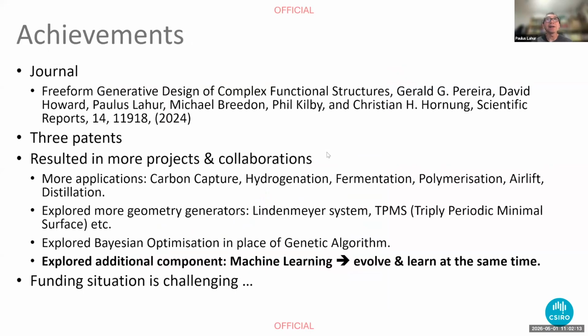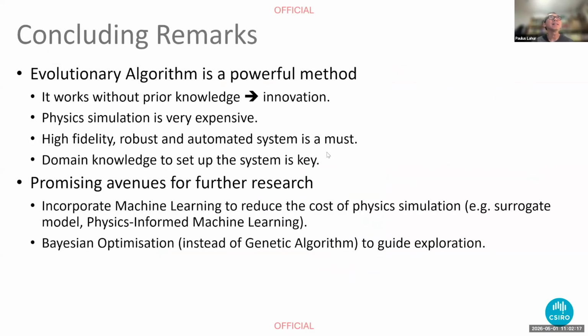One of the things I would like to mention from this project is that we now know the evolutionary algorithm is a very powerful method, and it works without prior knowledge. So it's a true machine of innovation.